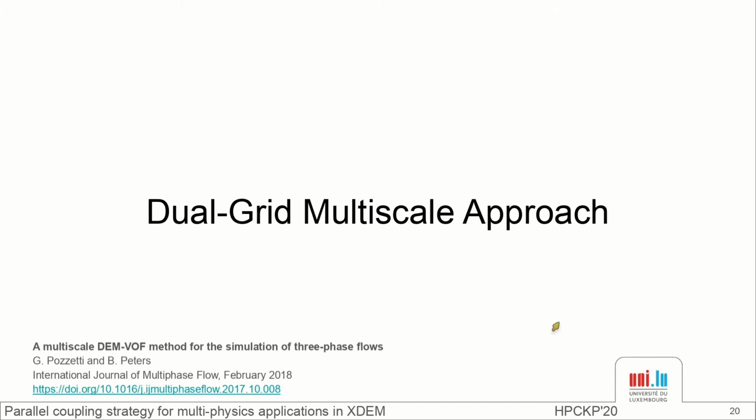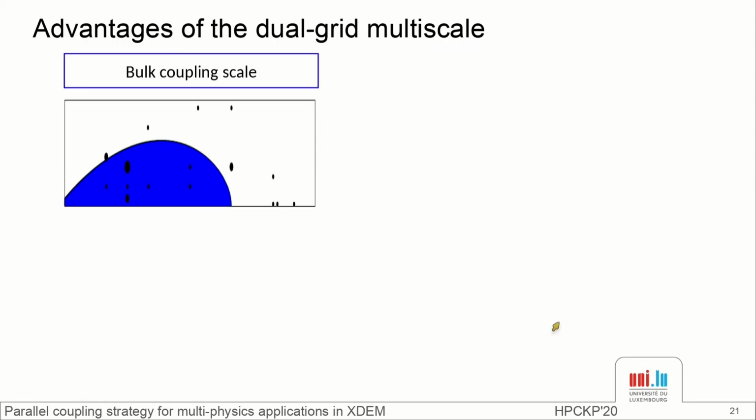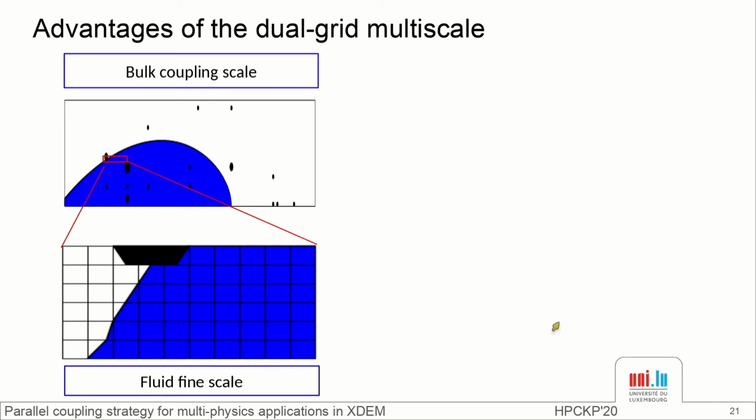So now let's have a look at the second approach that we use to handle CFD-DEM coupling within XDEM. So this is a dual grid multiscale approach. So the idea is to consider first a bulk coupling scale for the software and a fine scale. So you have a coarse grid on one side and a fine grid on the other side.